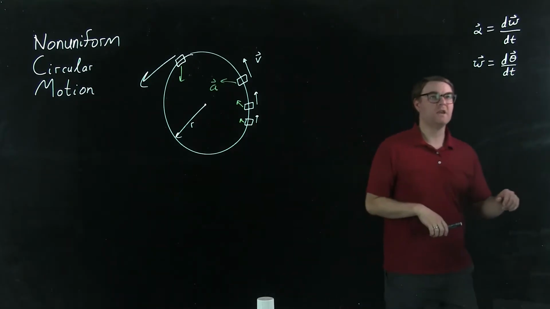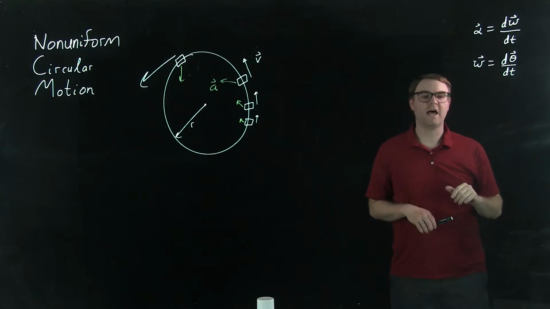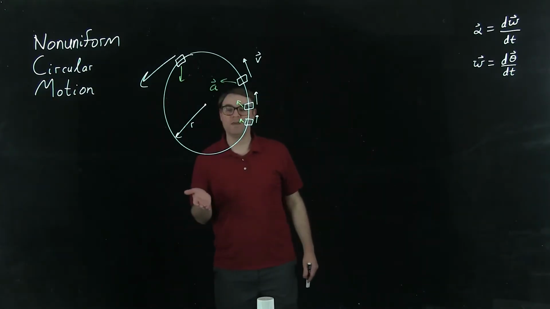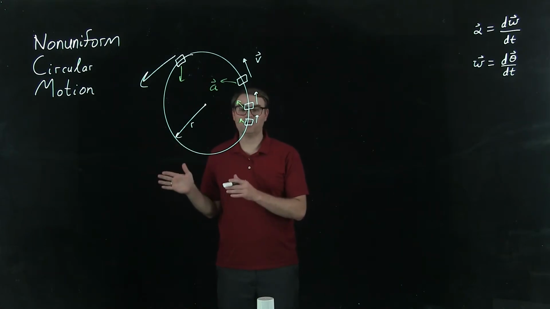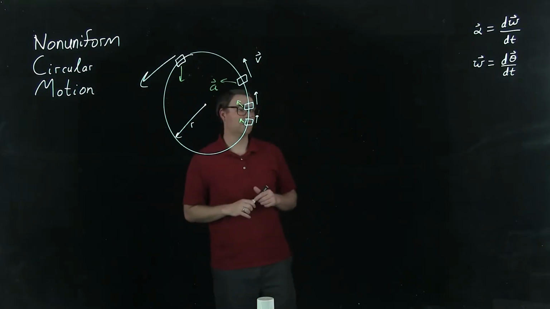I'm going to leverage what I know about angular acceleration and angular velocity and try to make a strong analogy to what we have done with translational motion already to try to understand how non-uniform circular motion is going to work.